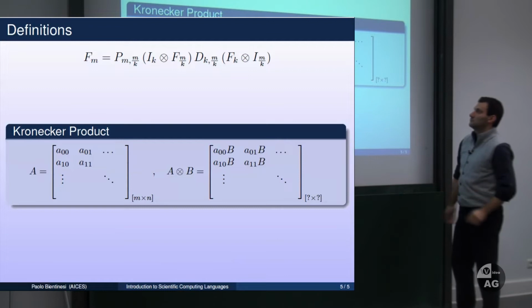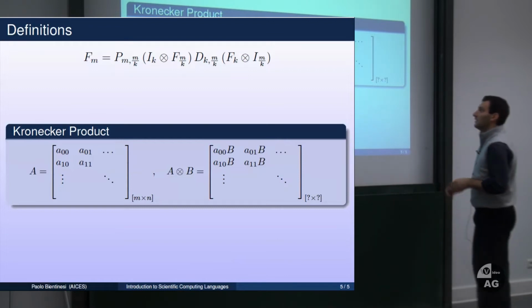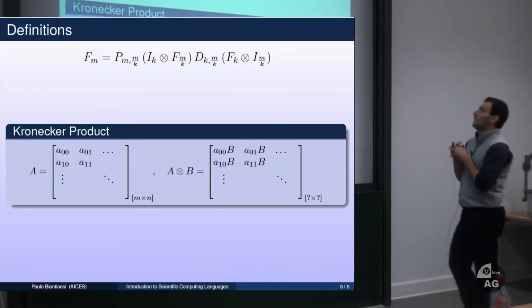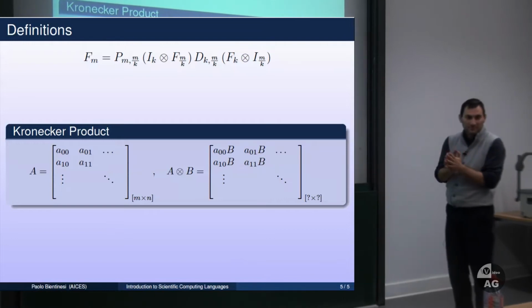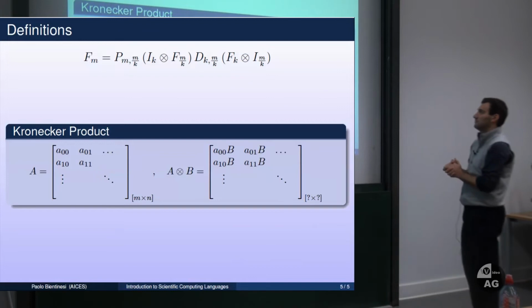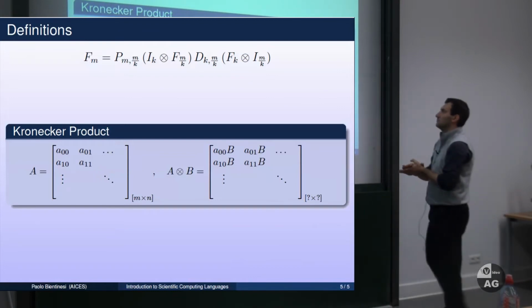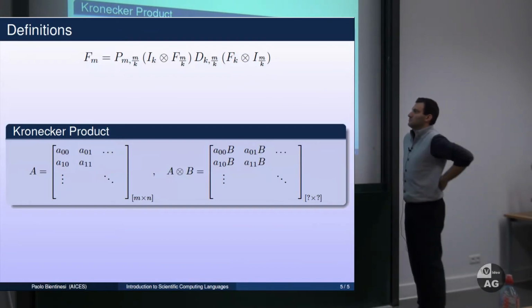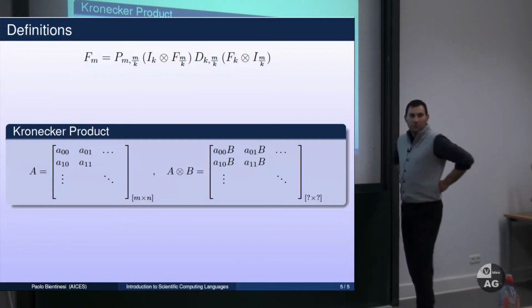What is the size of B? That's a very good question. So let's suppose the size of B is x times y. Then the size of this matrix will be mx times ny.